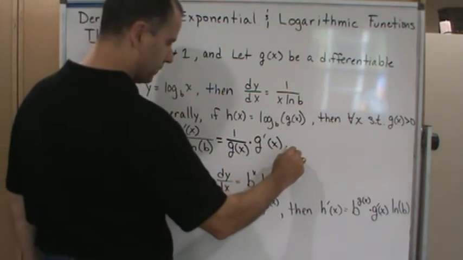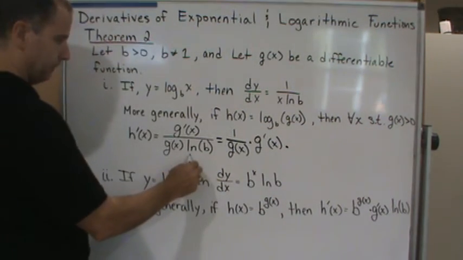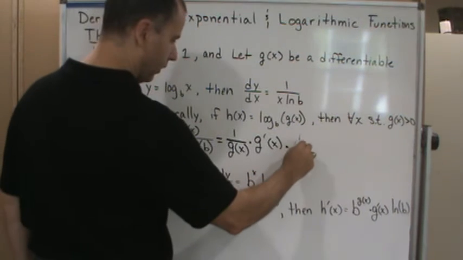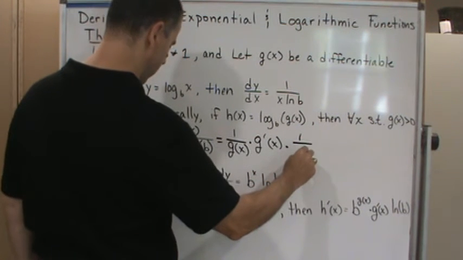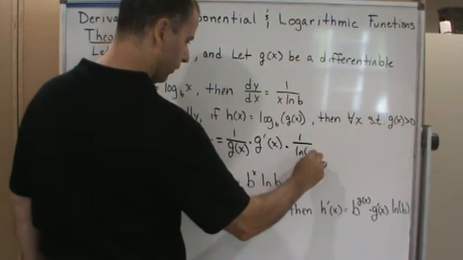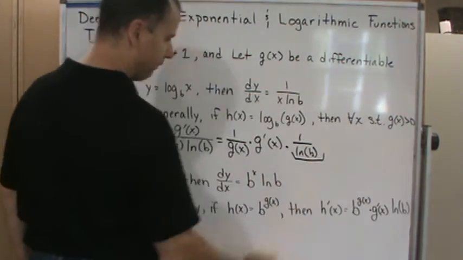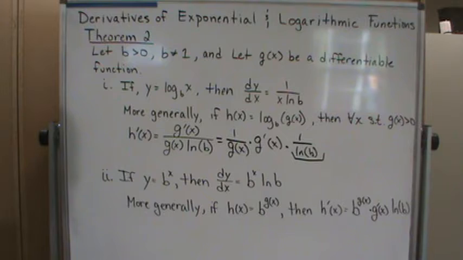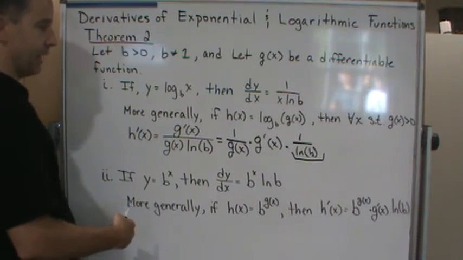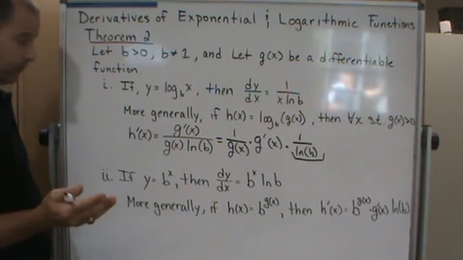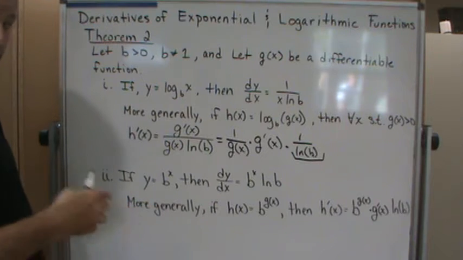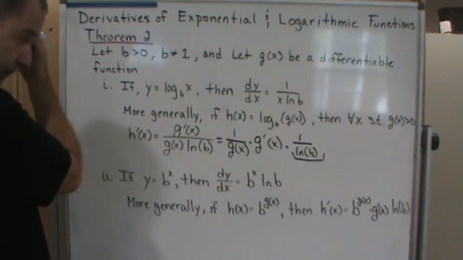Now the new piece, because it's a more general case, is we're multiplying by 1 over the natural log of b. Okay, so that's that new piece we didn't have before. But that's because now we're dealing with not the natural log, but with any log function.